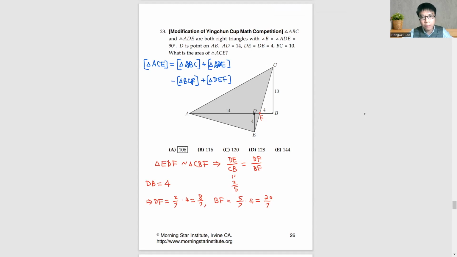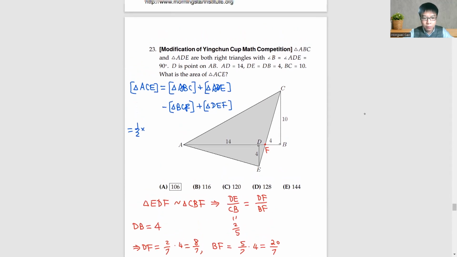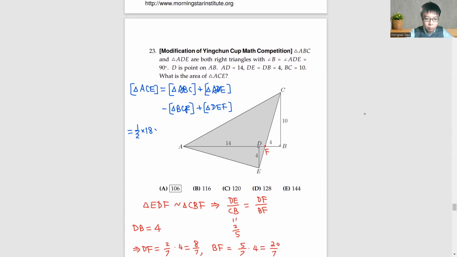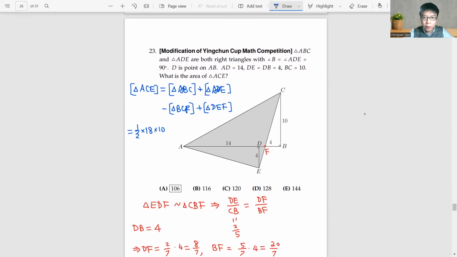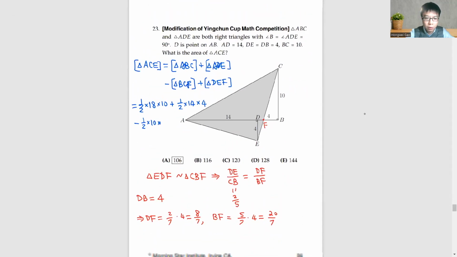And we know all the data, so we can plug it in. Triangle ABC is 1/2 times 18 times 10. And triangle ADE is 1/2 times 14 times 4. Now for triangle BCF, we subtract 1/2 times 10 times 20 over 7, we just solved 20 over 7, right?